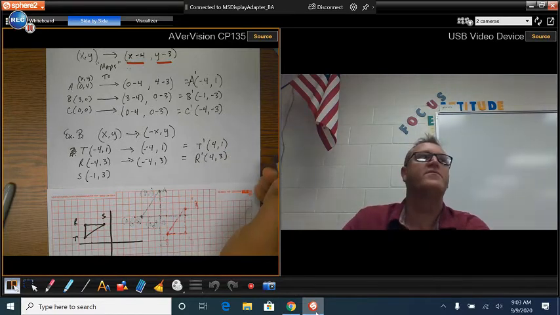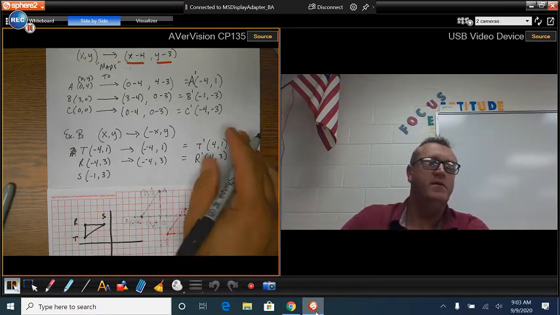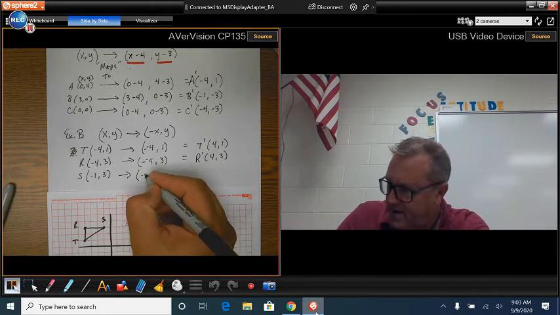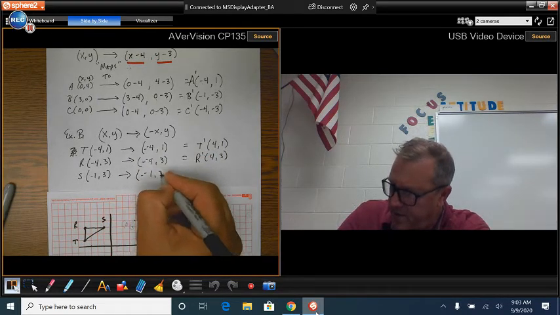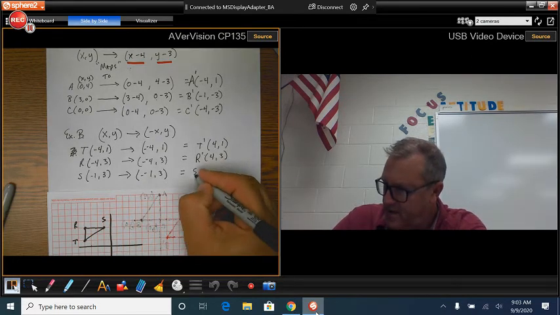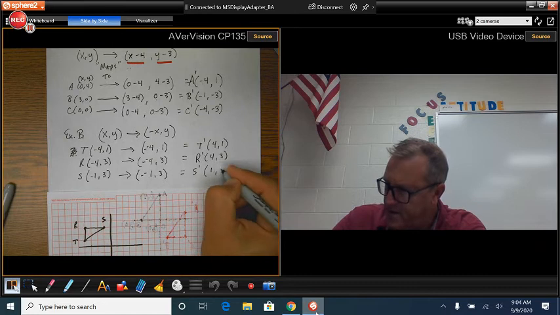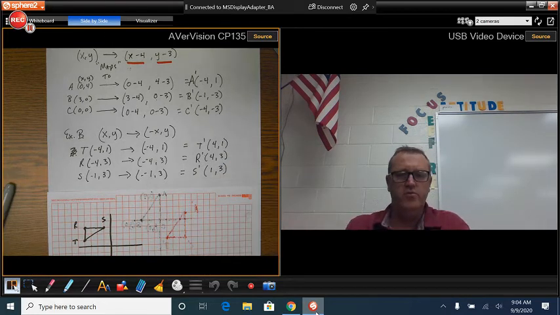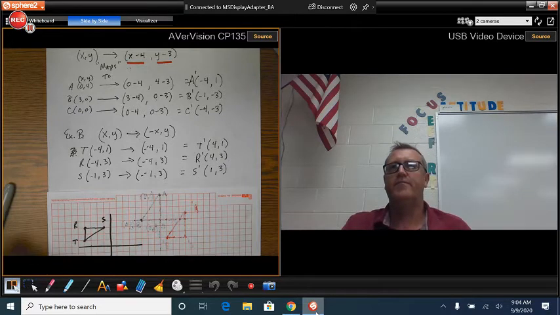Am I going too fast? No, we're good? Okay, next one would be -1 and 3. Nothing's happening to the y's. They're staying the same, aren't they? And then S prime would be +1, +3. Let's graph our new triangle.